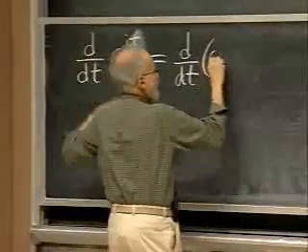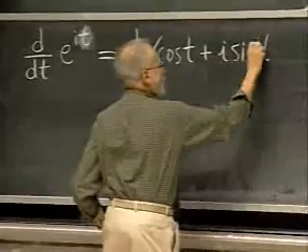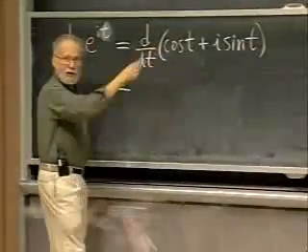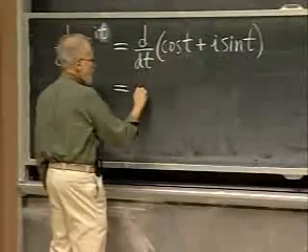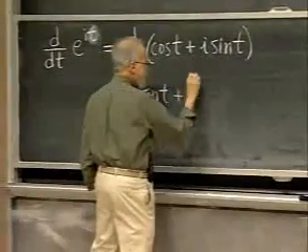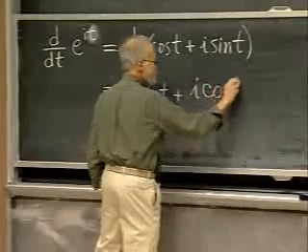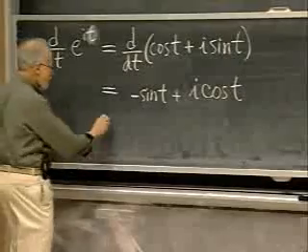It's the derivative of cosine t plus i sine t. And what's that? Well, differentiating the real and imaginary parts separately and adding them up, it's negative sine t plus i times cosine t. Now, let's factor out the i.